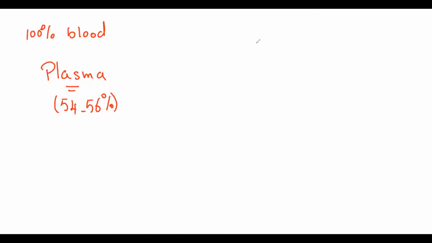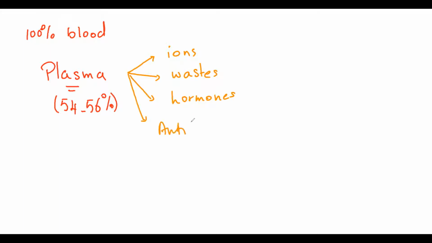What are these materials? The plasma transports ions or salts. It transports wastes, hormones, antibodies, enzymes. Everything that can be transported will be transported by the plasma, except, of course, oxygen.